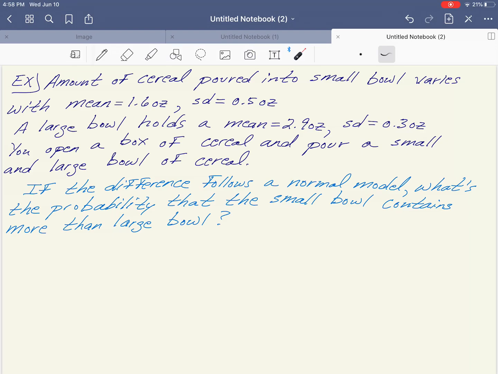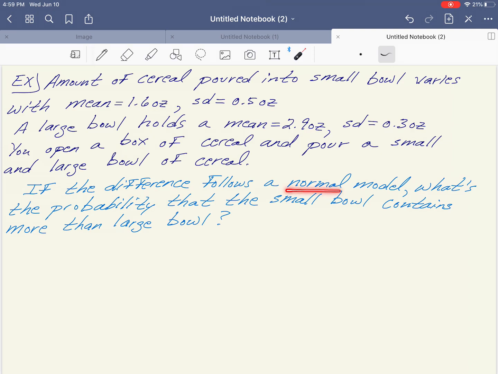Okay, so two examples. The amount of cereal poured into a small bowl varies with a mean of 1.6 ounces and a standard deviation of ½ ounce. A large bowl holds a mean of 2.9 ounces and has a standard deviation of 0.3 ounces. You open a box of cereal and you pour a small and large bowl of cereal.